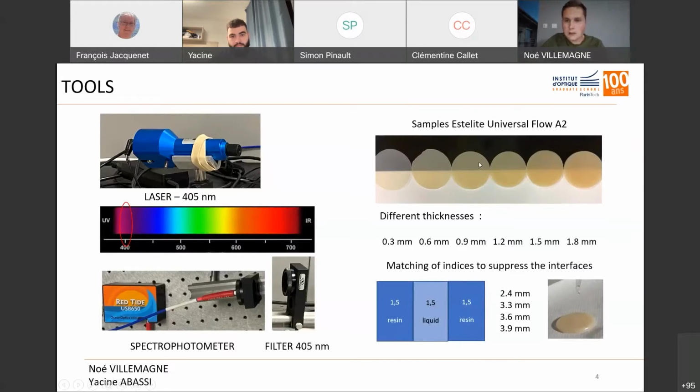On the right, you can see our series of samples of different thicknesses, from 0.3 millimeters up to 1.8 millimeters. But in order to have access to higher thicknesses, we use a technique of index matching in order to suppress the interfaces when we superpose two samples.